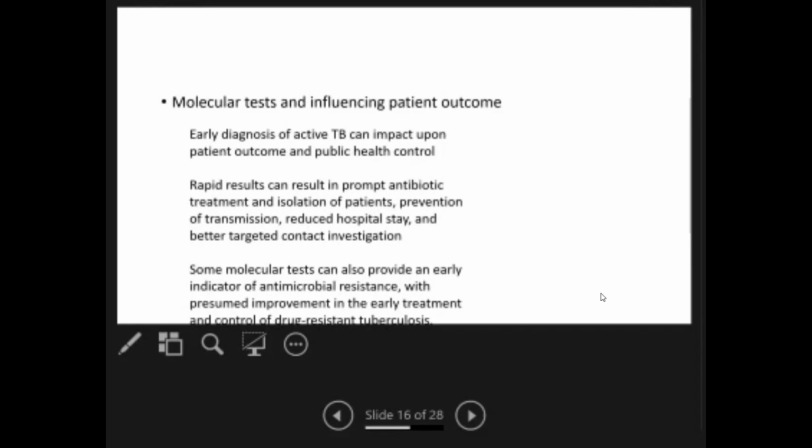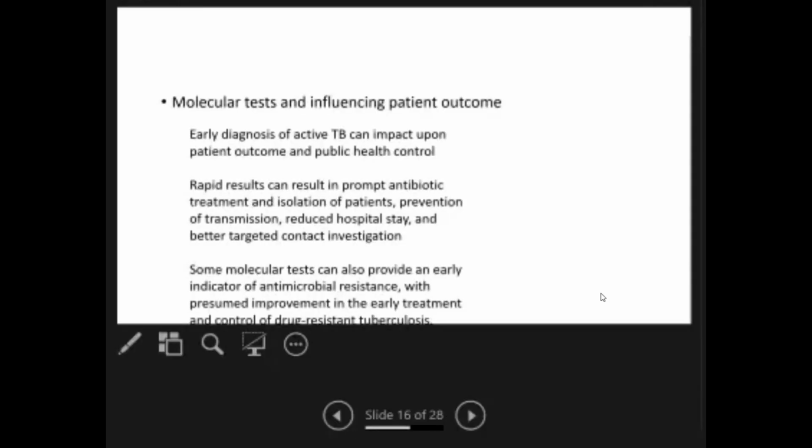And also the rapid results can result in prompt antibiotic treatment and also the isolation of the patient, prevention of transmission, reducing hospital stays and better targeted contact investigation. So if you have a diagnosis at the beginning, we don't have dilemmas. I think the most important thing in TB clinical diagnosis is that it gives a dilemma.